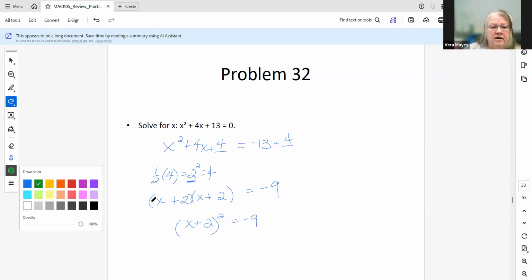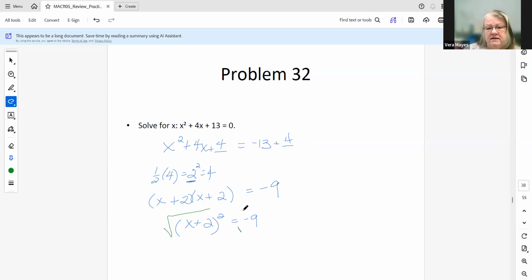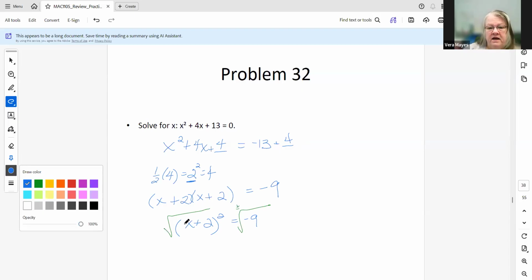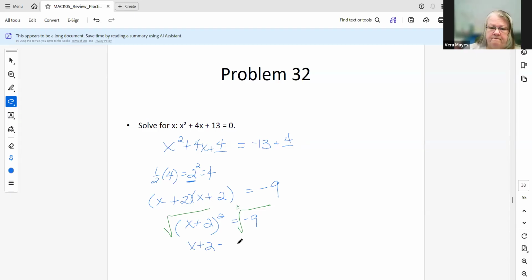And then I'm going to take the square root of both sides, adding in the plus and minus. So this one, square root drops the square. Now remember, square root of a negative 9, that's square root of negative 1 times the square root of 9.